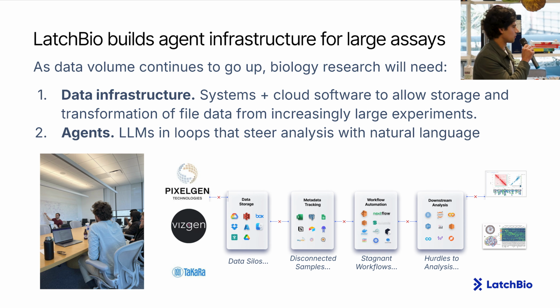These are basically language models and loops that steer analysis through natural language. There's a strong interaction between the two. And data infrastructure is a unique component of biology that is not present in domains like code that many of you are working on, where tool calls and operations can actually take days to weeks, and terabytes of RAM, and a lot of pretty gnarly cloud expertise to get to run.